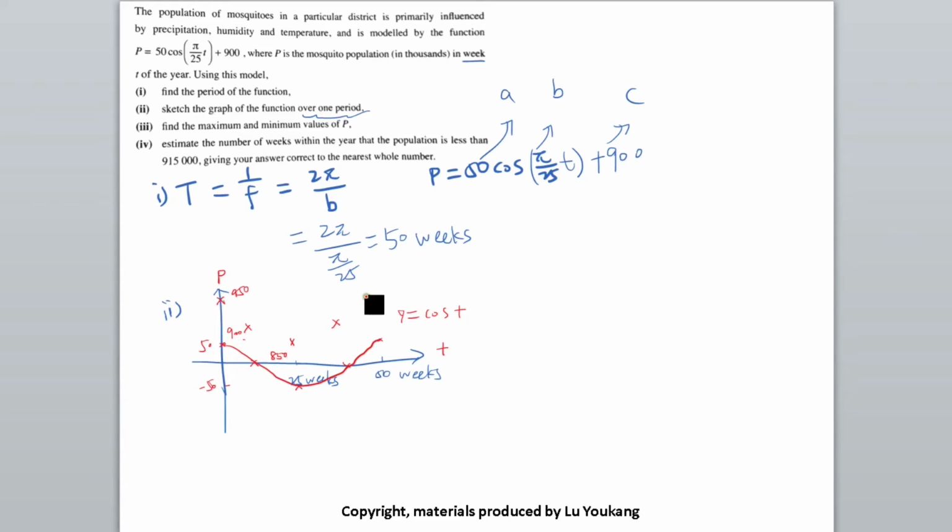My 0 will give me 900, my 1 will give me 950. So now let me link up these points. And the second curve will be my P equals 50 cosine bracket pi over 25t plus 900.